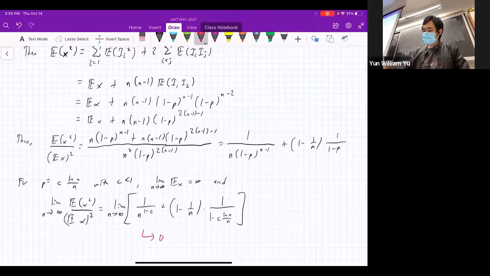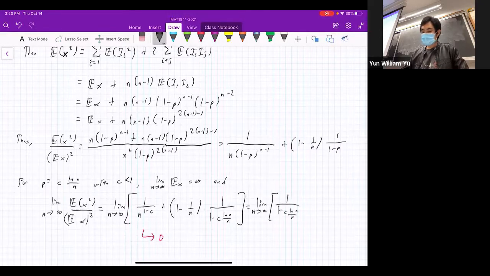The first term goes to 0, and the 1 minus 1 over n also just goes to 1. And this turns out to be equal to 1 plus o of 1.